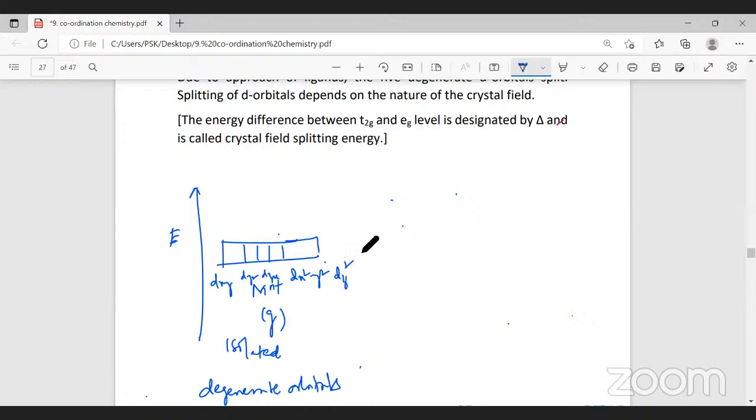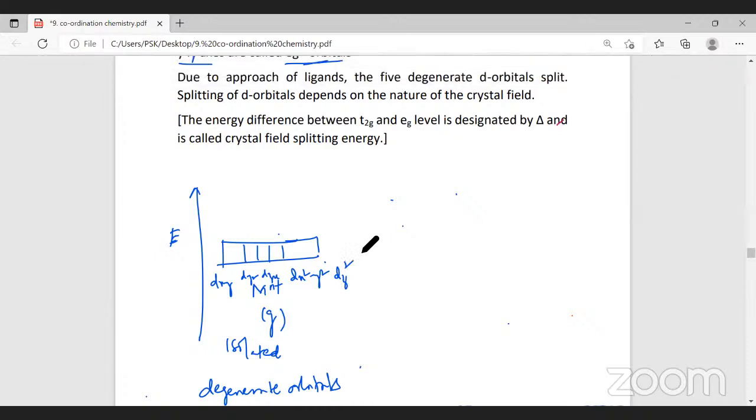Now, when ligands approach them, around the metal a field will be generated. When a field is generated around the metal, the metal will gain more energy and go to a higher state like this. Still, you can see it is degenerate orbitals only.